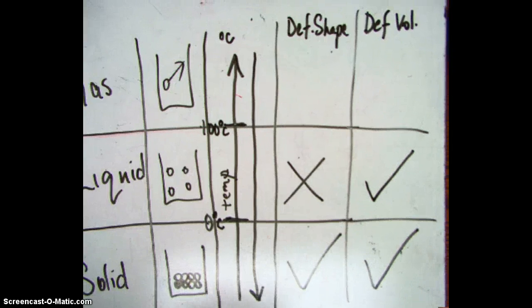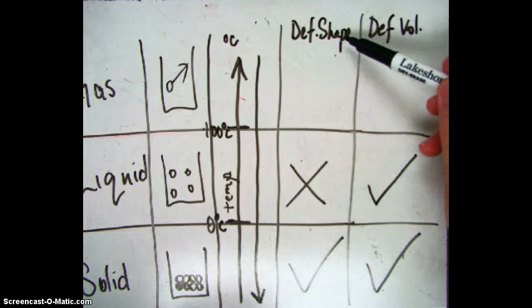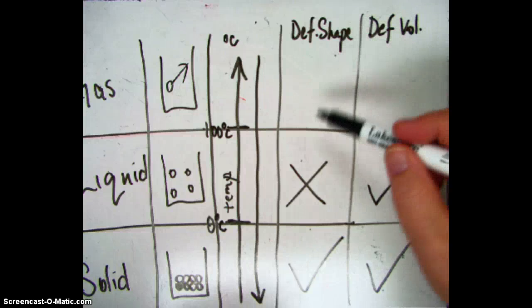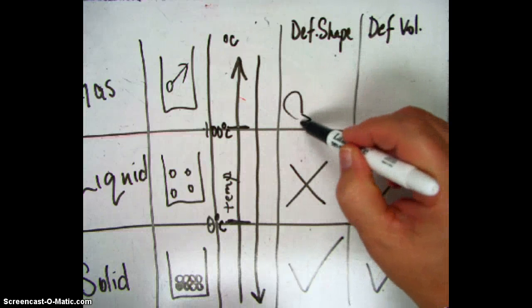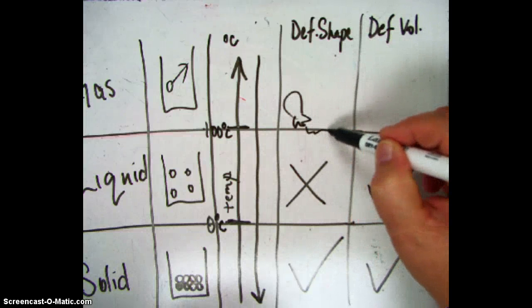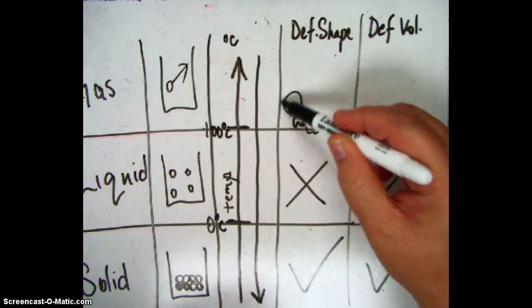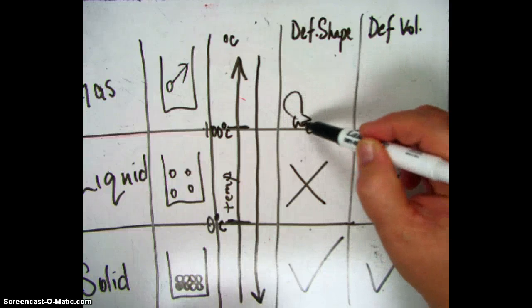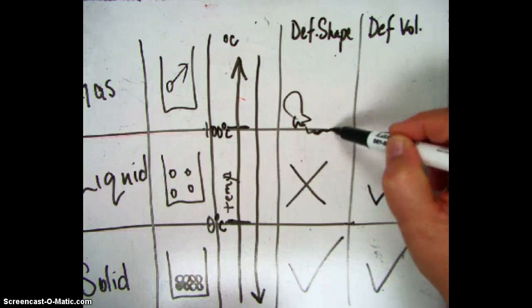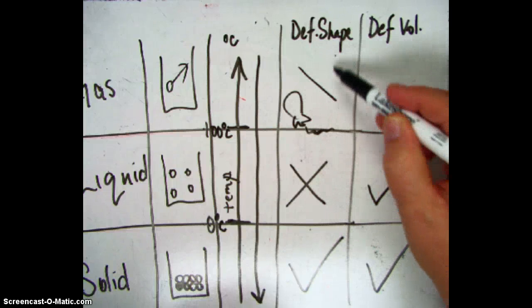Now, a gas, you need to understand that when a gas goes from one container to another, it does not maintain its shape. So imagine you have a balloon and you let the air out of the balloon. It doesn't stay in that balloon shape when the air comes out, so it does not maintain its shape.